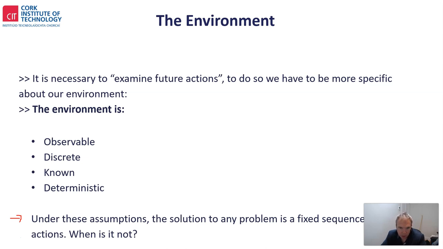Again, you can think back to your example of the vacuum environment, whereby the dirt sensor is faulty and the actual result isn't what we expected. In those cases, it may also be necessary to have a contingency plan to enable the agent to correct its actions such that it still achieves its goal state.